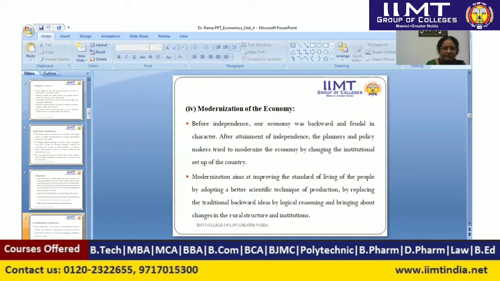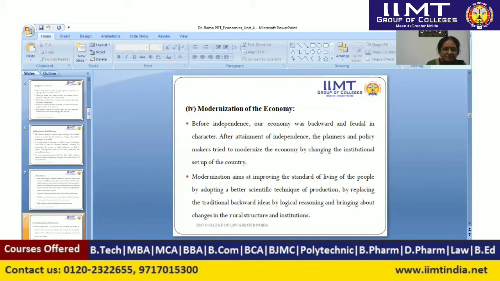After attainment of independence, the planners and policy makers tried to modernize the economy by changing the institutional setup of the economy of our country.